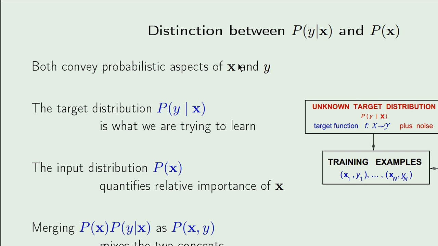Then you eventually end up combining these two and just write P(x, y). The important thing to realize is that P(y given x) is what we are really trying to learn. P(x) is just something that's given, and we merge it for the sake of simplicity and mathematical convenience and say P(x, y).